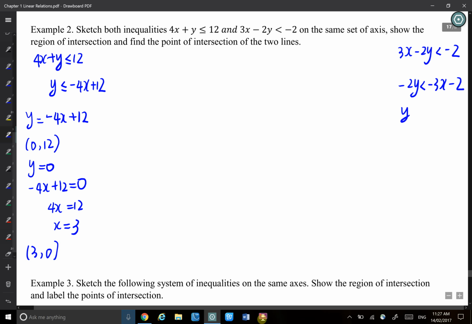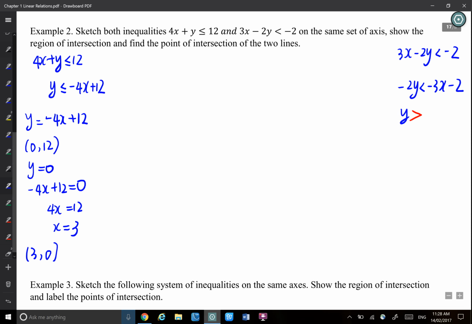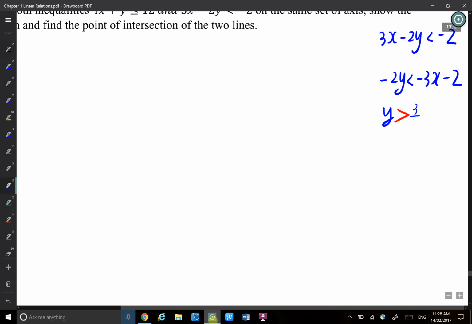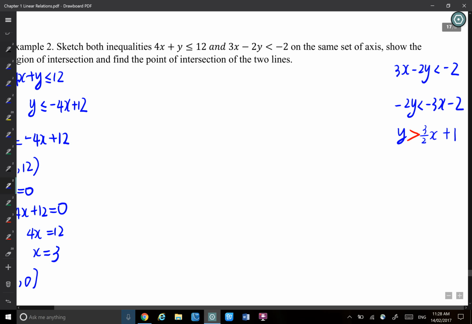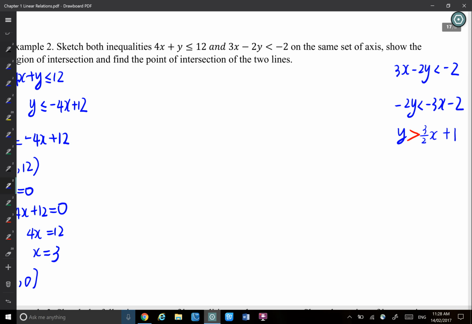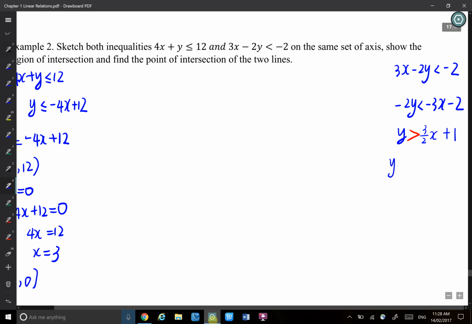y will be, okay, divide by -2, the sign needs to be swapped. I have greater. So y greater than 3 over 2 x plus 1, greater than because we divide by -2. So what we want to sketch is y equals to 3 over 2 x plus 1.